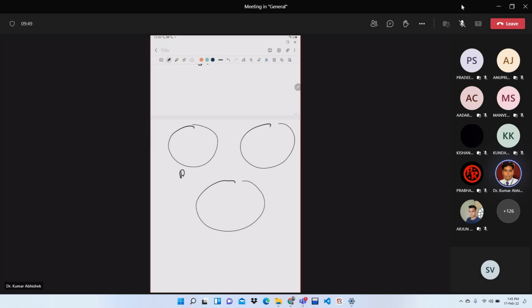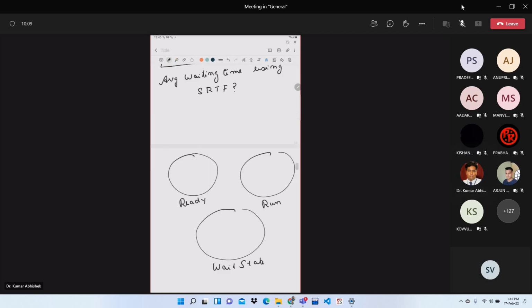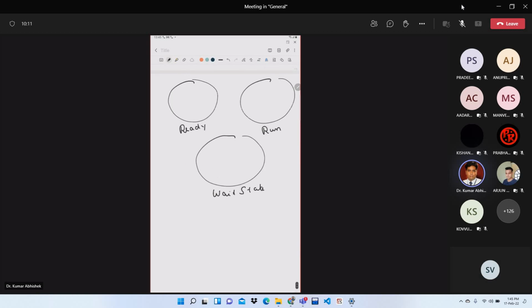This will be the ready state, this will be the run state, and this will be the wait state. Now see, at time 0, what happens?